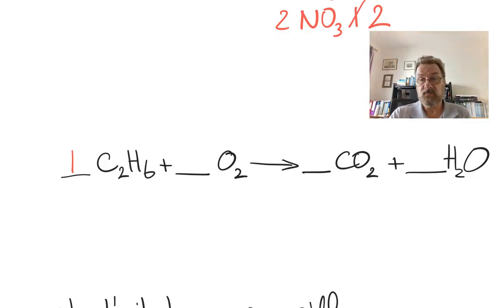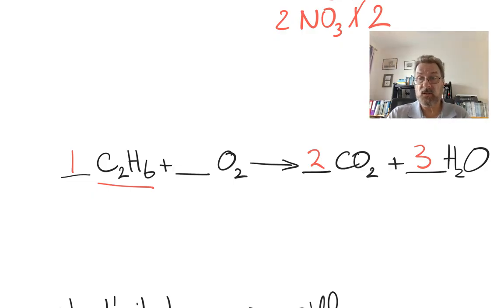If we start off with 1 of these, we must have 2 here, right? Because the carbons need to balance. If we have 1 ethane, 1 C2H6, then that's 6 hydrogens. So that would make 3 H2O. So far, so good. Nice and easy.